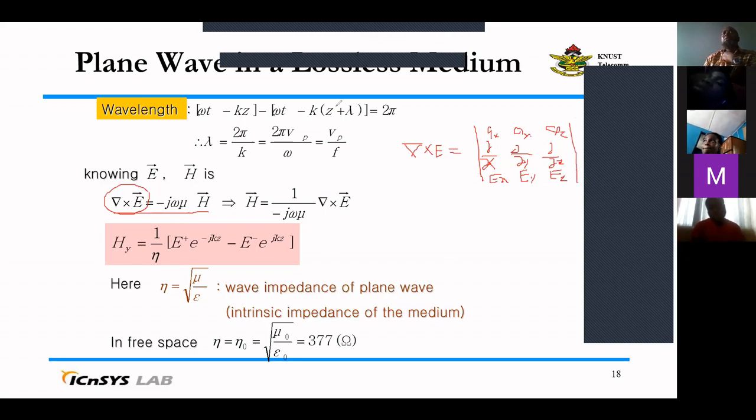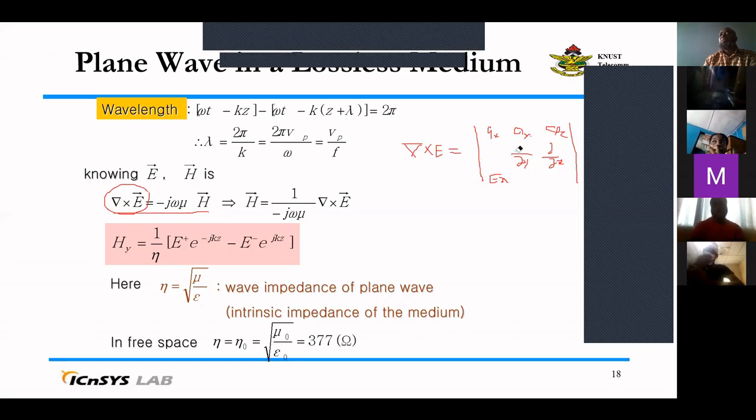Okay, but remember that we said that we are considering E, which is only a component of EX. So we don't have EY, we don't have EZ. And we said that the variation in the X and Y are also uniform. So the del del X and del del Y are also 0. Therefore, what we have here is what?